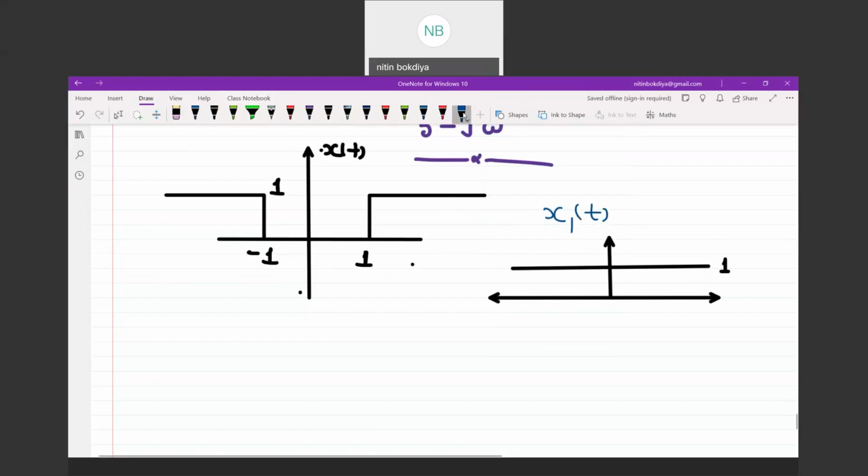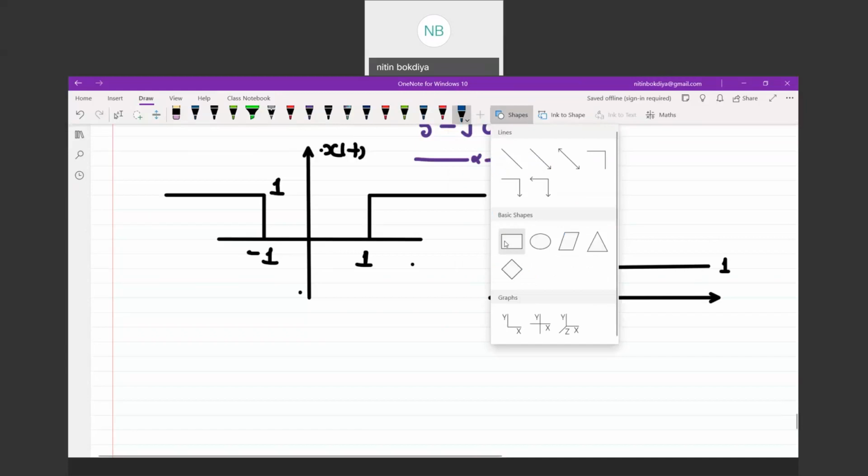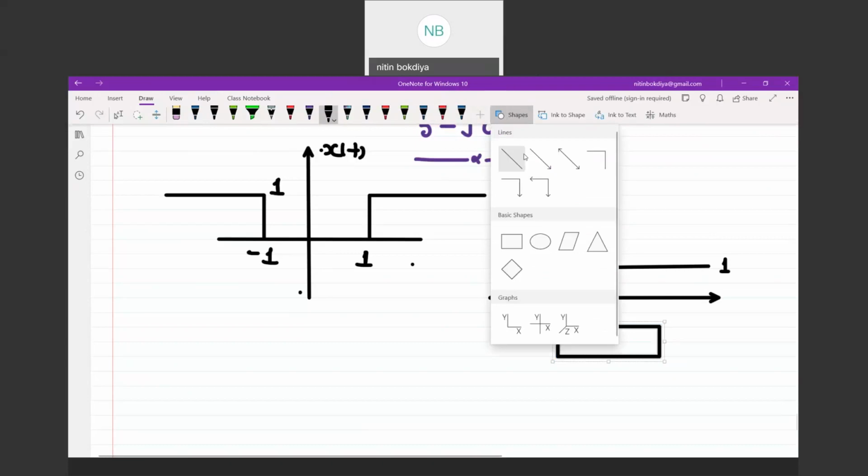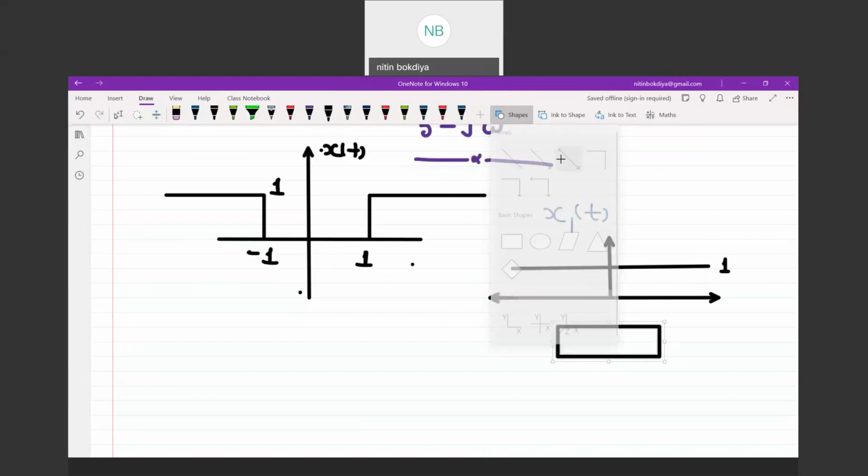And I can say that x2 of t is given by this, from -1 to 1, and this is 1.